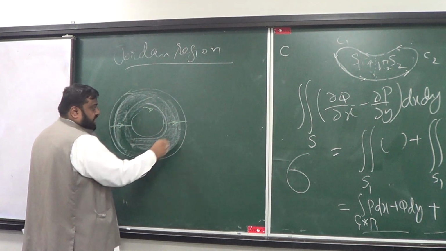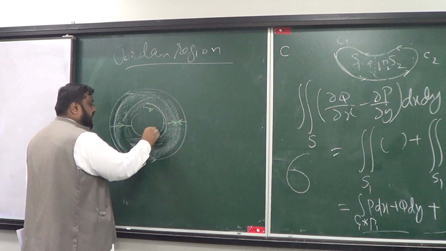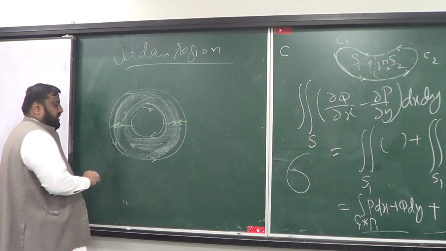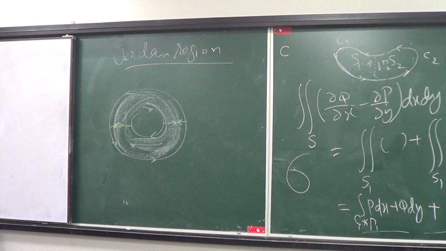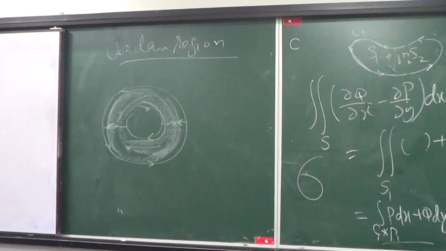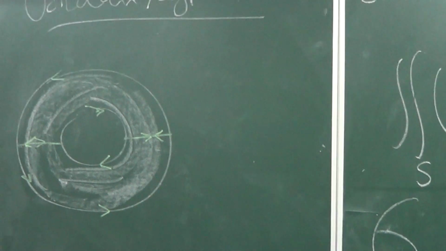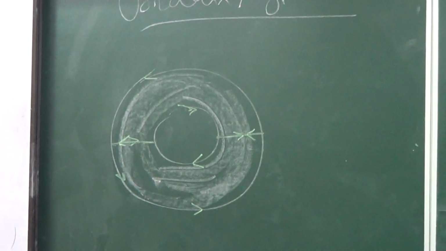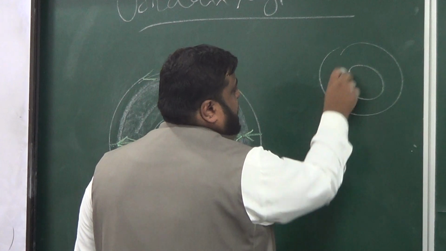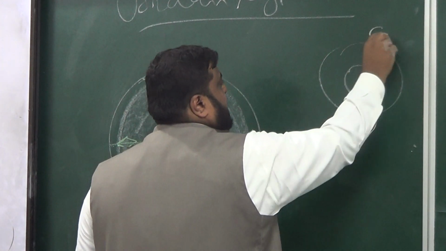It goes this way, this way, this way, and this way, something like that. How can I do it? Let's give these curves names. That's C1, that's C2.